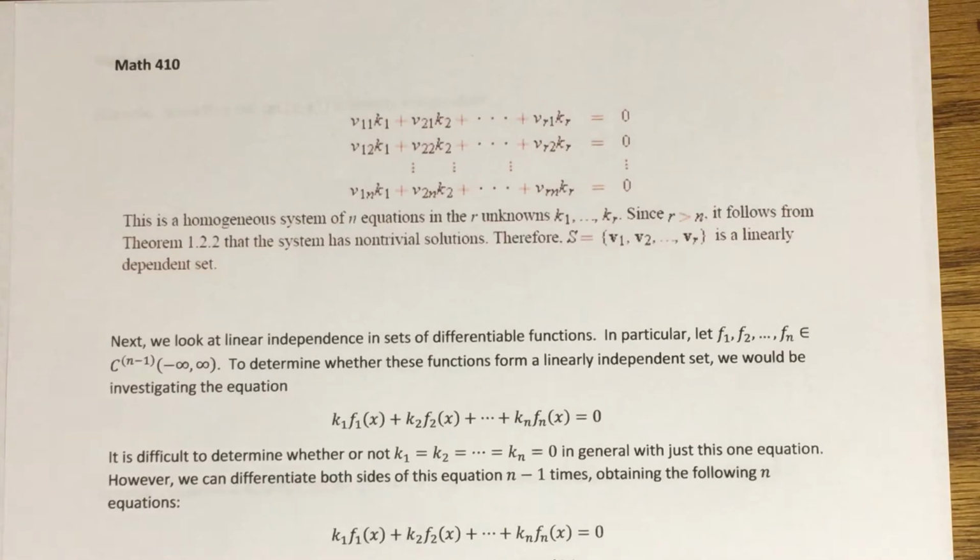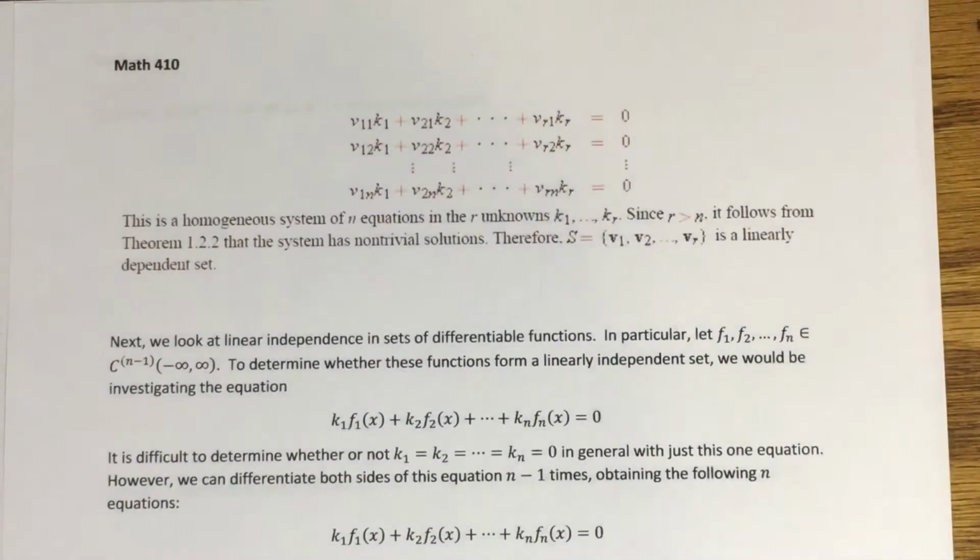Very useful. Because again, like we said, it gives us a really quick way of checking to see whether certain sets are linearly dependent or not. Now, you don't want to take this theorem too far.